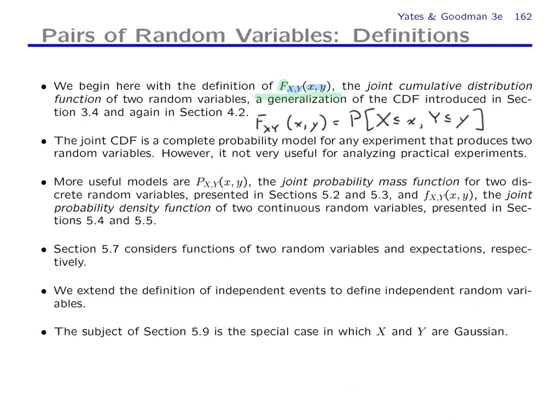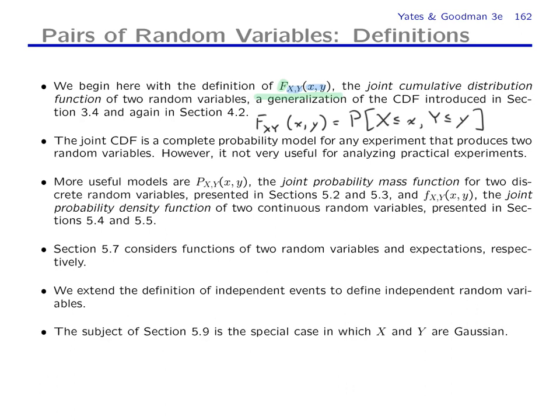The thing is that this joint CDF is a complete probability model for a pair of random variables, but like the CDF for one random variable, it's not so useful and kind of a pain for analyzing practical experiments.